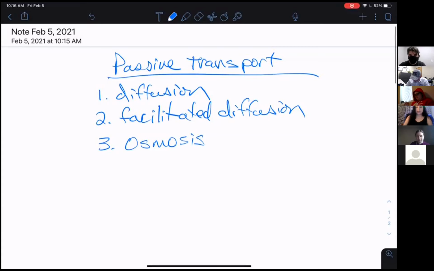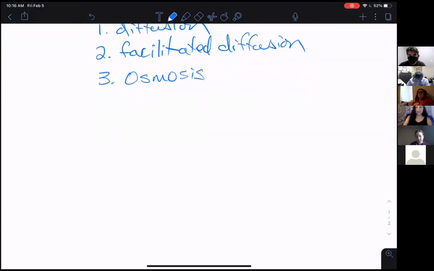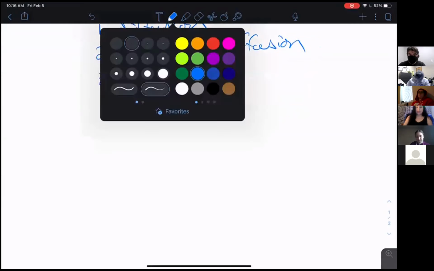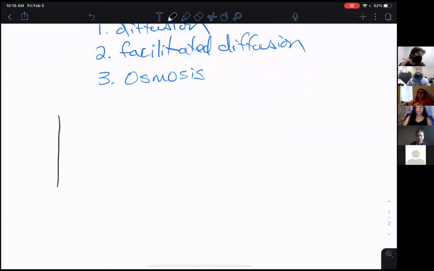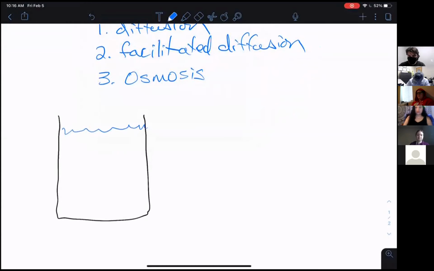But before I do that, let's say we've got a glass here, and it is full of water. And then I take some red food coloring and I drop a little drop of red food coloring into the water.